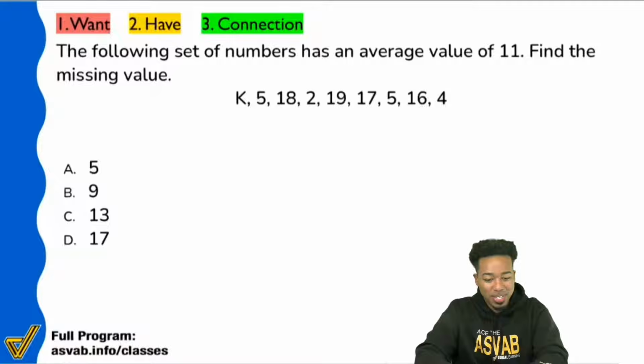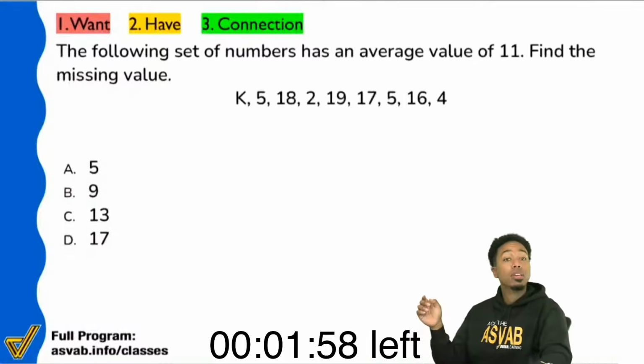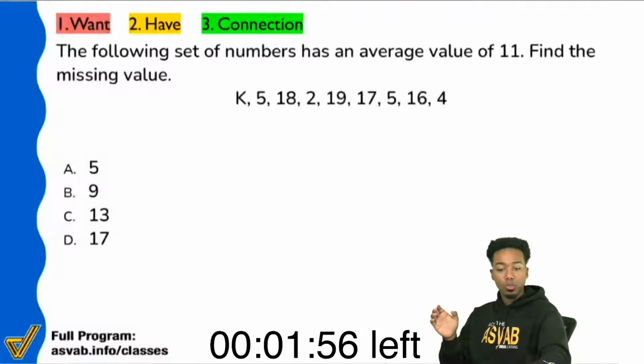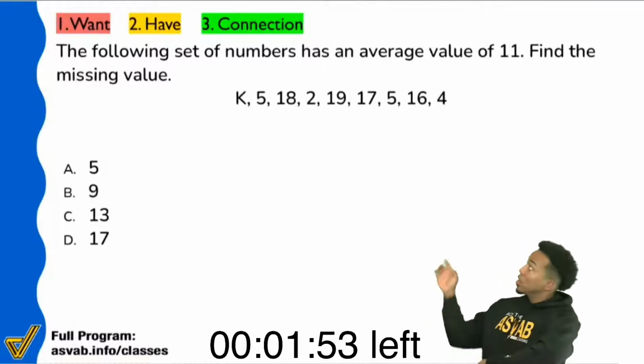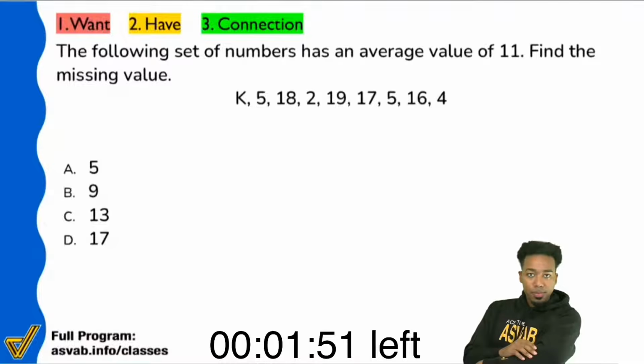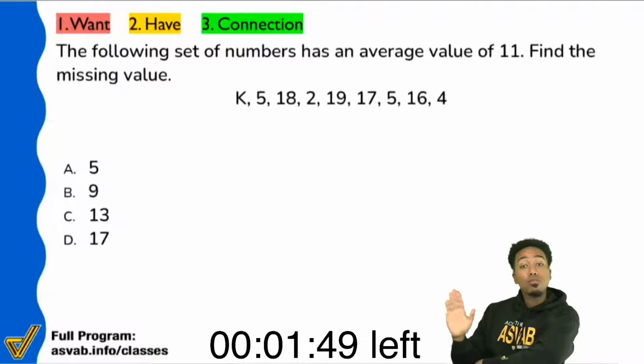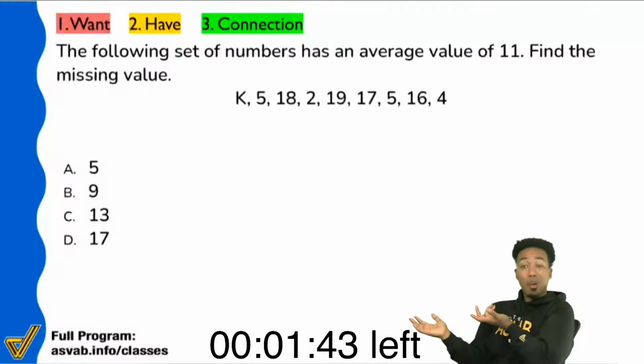I got you, Jamaica. Timer started. But Kate, just to help you out in getting started, here's what you want to do here. We're looking for the missing number, and you have the average. So write out your formula first and see what you have from the formula. Do you have the mean? Do you know how many numbers there are?